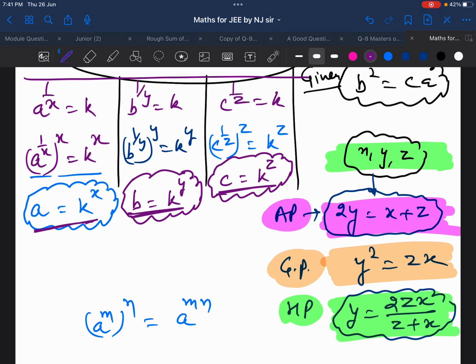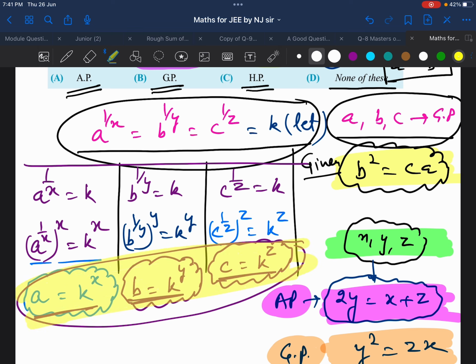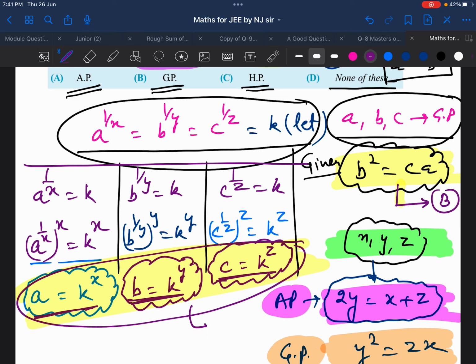Now I can see these three relations can be utilized in this expression b square equal to ca. If I see these three relations, I can put values of a, b, c in terms of k, x, y and z here. So if I assume this equation as b and the other equation as a, I can put values of a, b and c in equation number b.